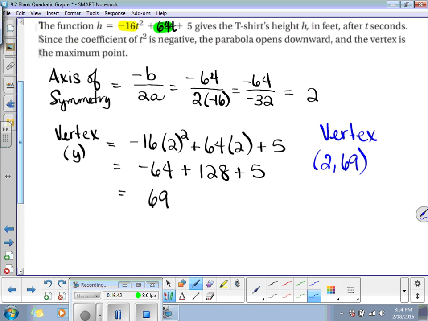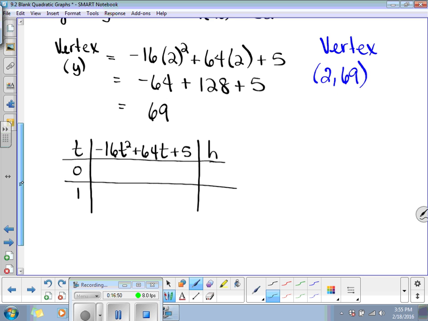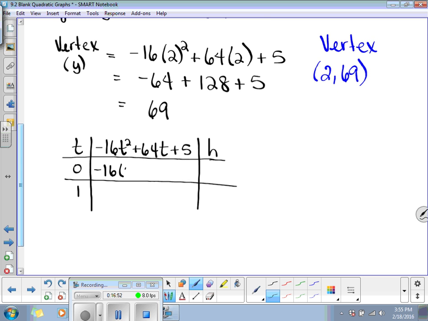All right, let me write this equation down. Let's choose 0 and 1 to put in here. So we've got -16 times 0 squared plus 64 times 0 plus 5. We also have -16 times 1 squared plus 64 times 1 plus 5.